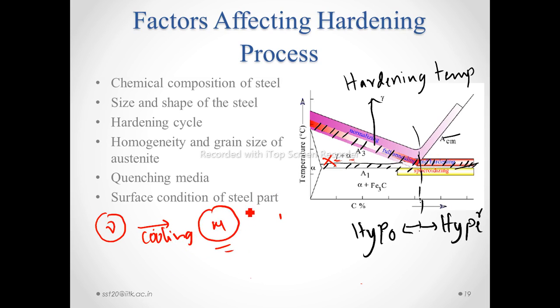This is our design. It will fulfill our desired mechanical properties, which are high hardness value, high wear resistance, etc. Okay, so next, for hyper-eutectoid steel, we are heating.